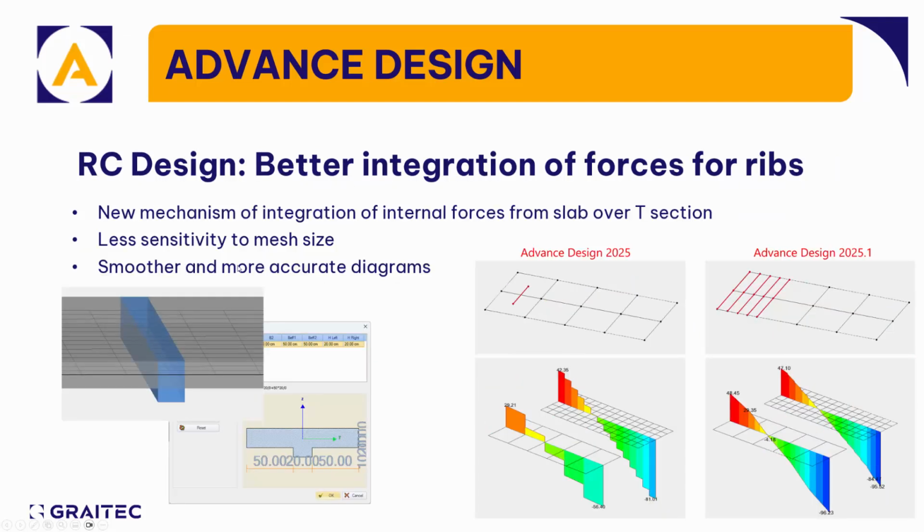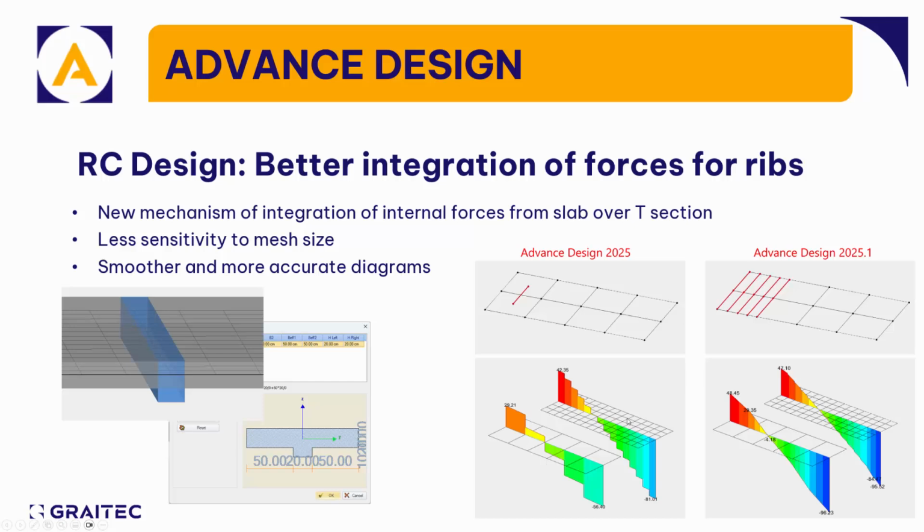Better integration of forces for ribs. Again, this is an improvement for the graphical presentation. What we had before was that even if you used a very refined mesh, you would see this kind of behavior when you were adding your ribs, because they were applying some punctual loads to the slab and the edges.